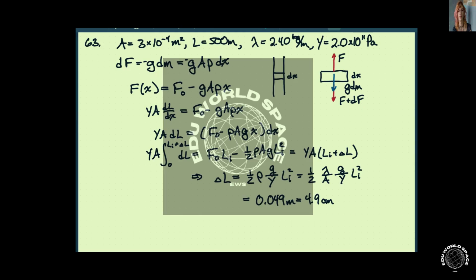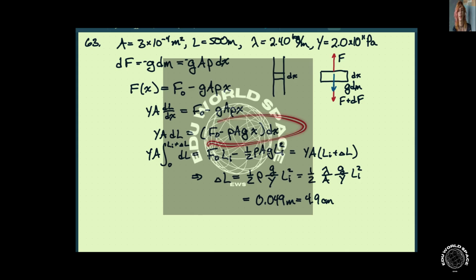That's what I'm trying to say. So we can then separate variables and integrate, and so we get Y times A, and we integrate from 0 to Li plus delta L. So we integrate over the whole length, the entire length.